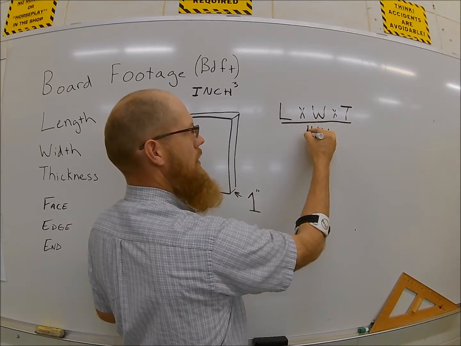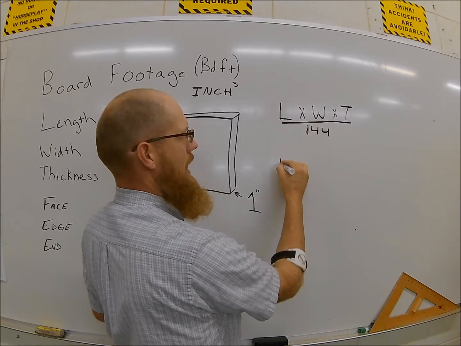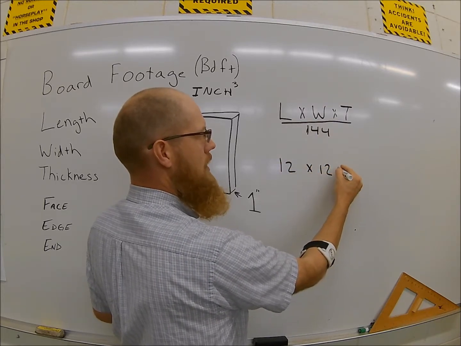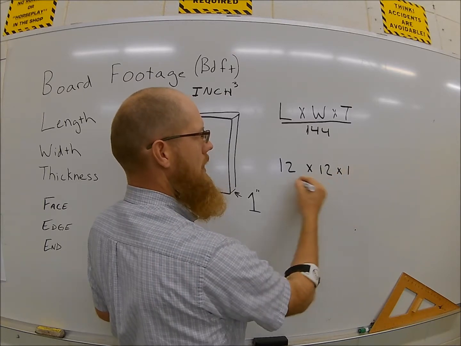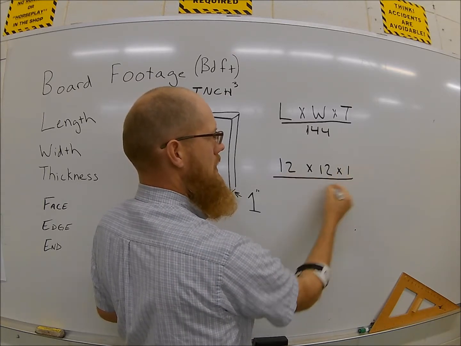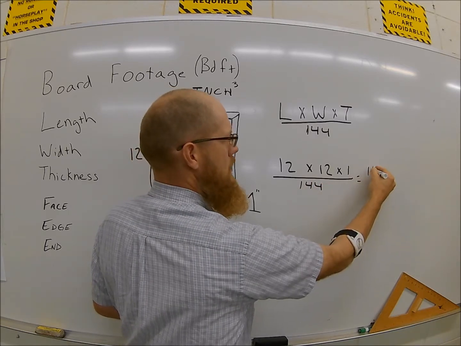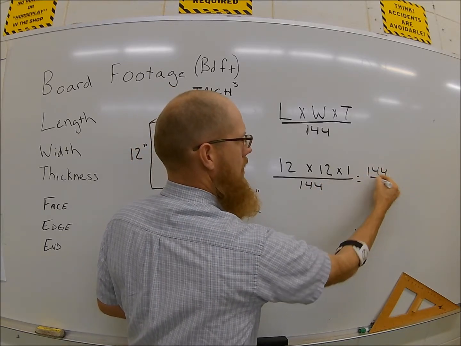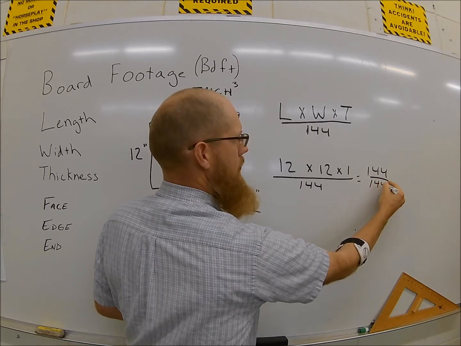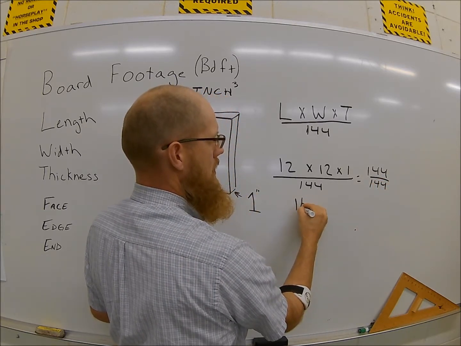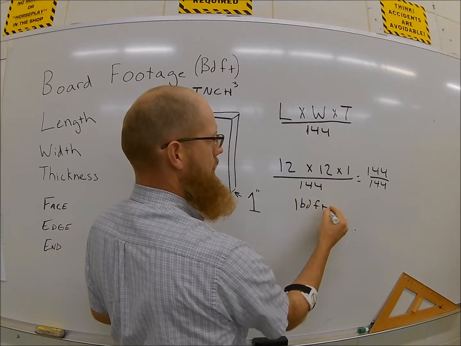So 144 is our number. So I have 12 times 12 times 1 divided by 144 equals 144 divided by 144, which is 1 board foot.